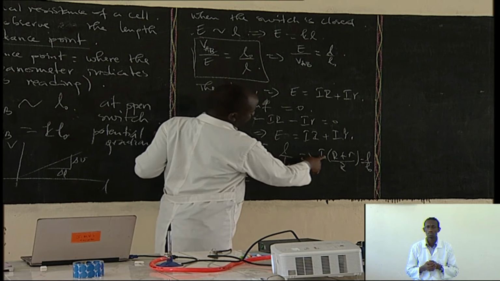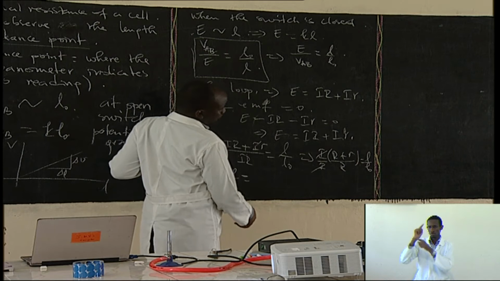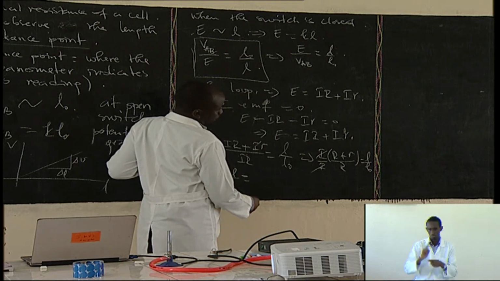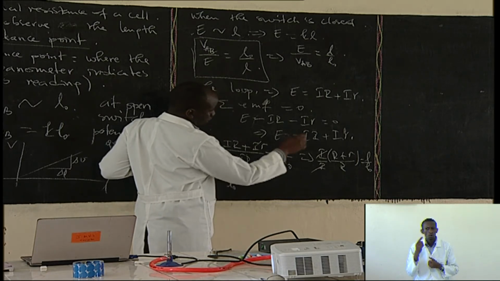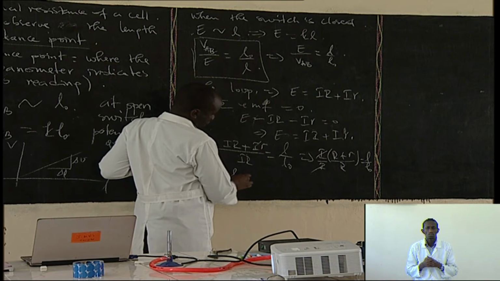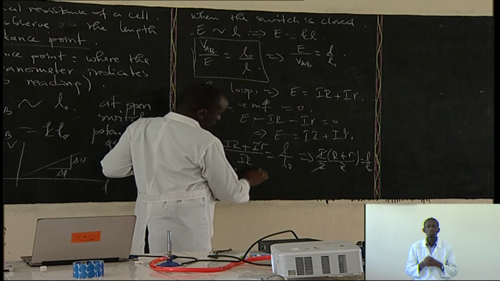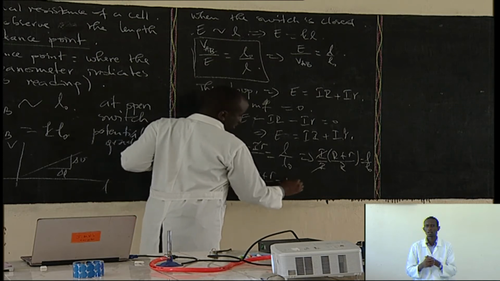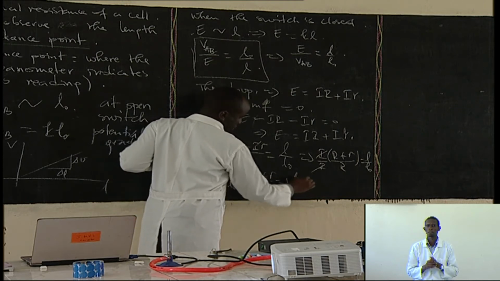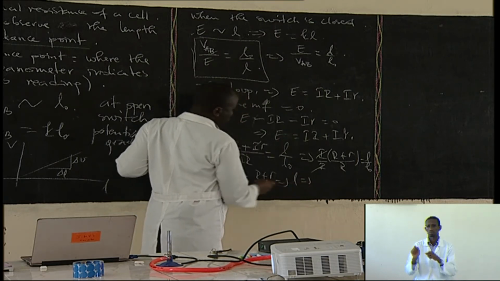That this is over I, and then after simplification, we remain with R plus r over R. Then this gives the L. So here we can cross multiply, and then we find what we want.